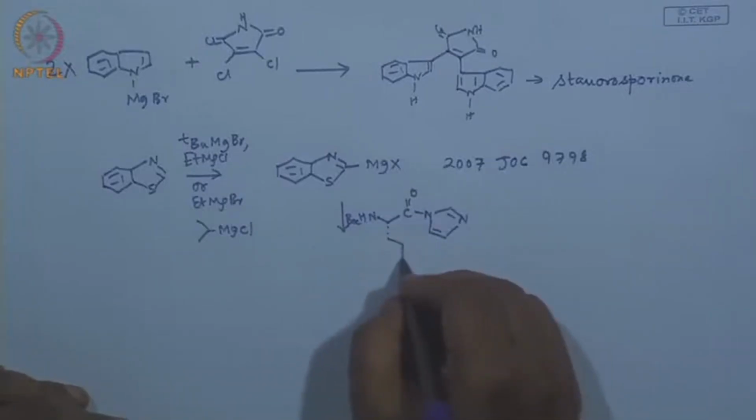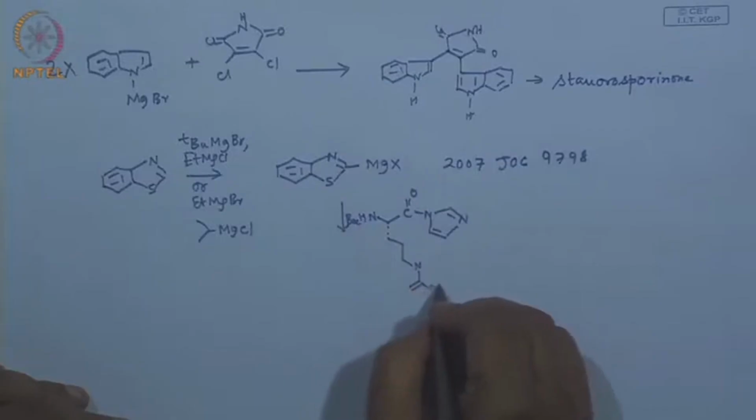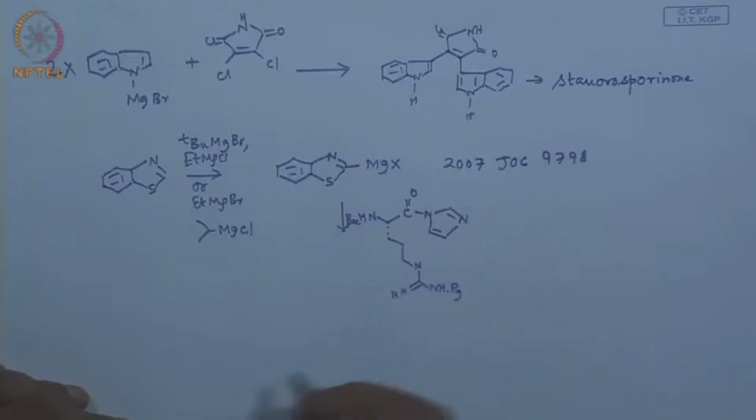And then here you have one more moiety, NH, and I write Pg to abbreviate. Pg is protecting group, and NH. So, this is the other reactant.